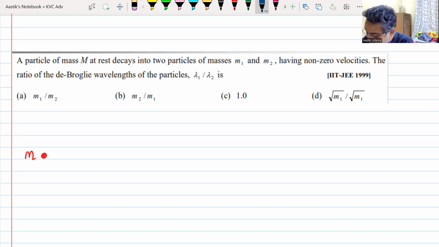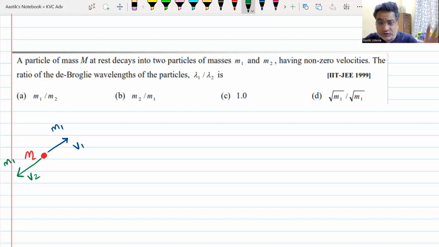Now, if one of the masses, let us say M1, moves with a velocity V1 in this direction, how will the other mass M2 move? Moves in the opposite direction. It will have to move in the opposite direction with a velocity v2. The velocities will not be equal in magnitude, but they will be opposite because the total momentum has to be 0. Do we understand this?